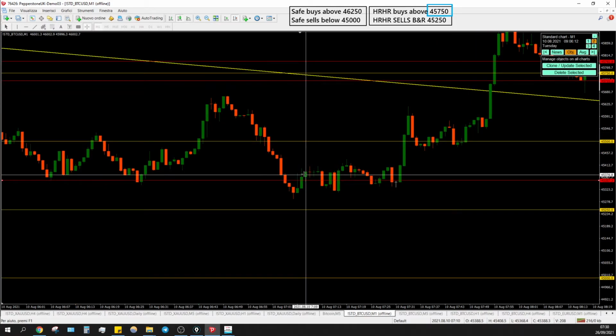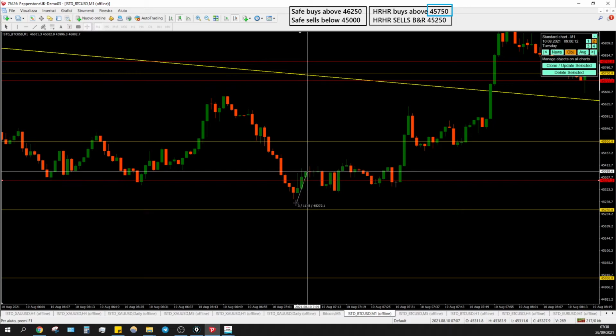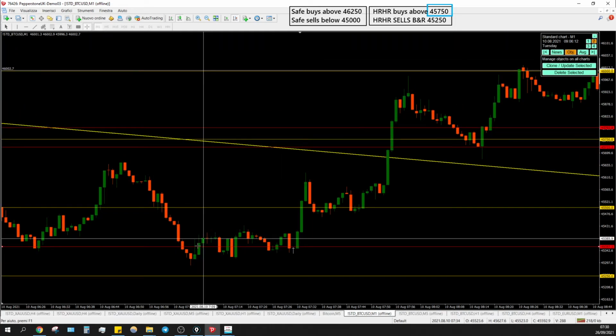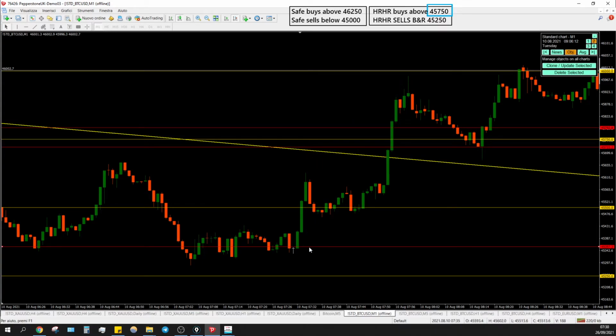Our entry that I was looking for was here, 10 pips. On here, 10 pips, safe from here, whatever, gives you 30, 50, 60 pips, of course, depending on where you have the TP.